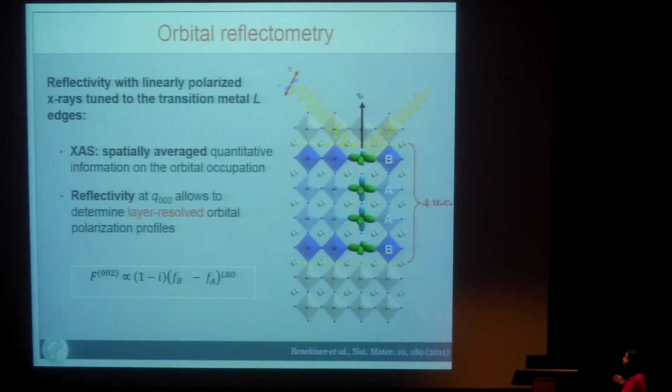The idea is we have superlattices with a 4-unit cell thick stack of lanthanum nickelate, so we can separate the interfacial layer from the inner layers. By doing reflectometry at the 002 superlattice reflection, which is particularly sensitive to the difference in scattering factors between these layers A and B, we can determine layer-resolved orbital polarization profiles.